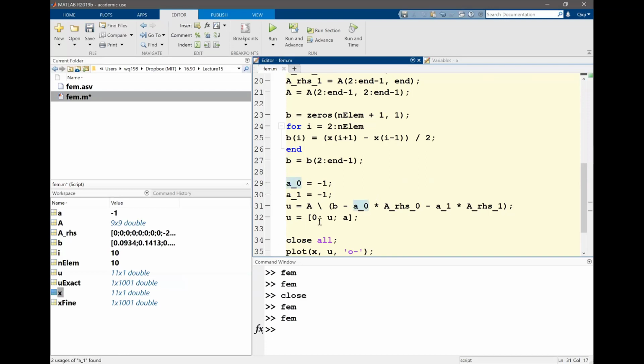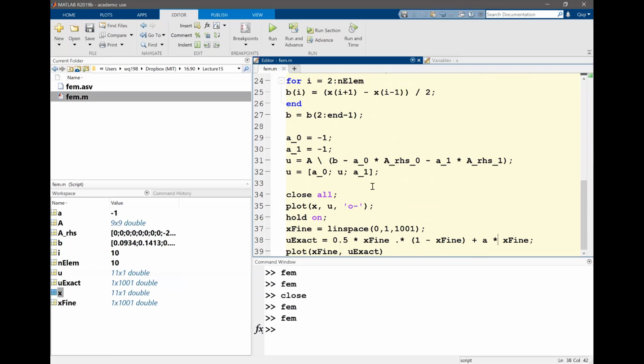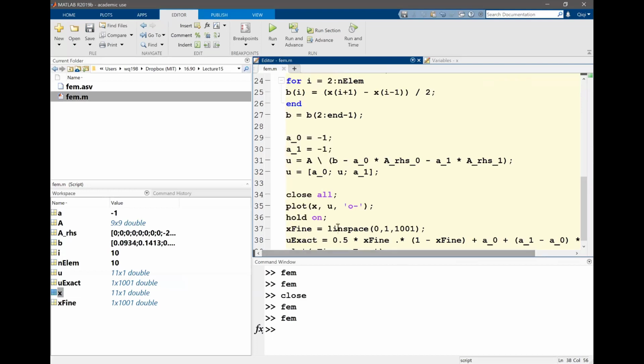Okay, and here when we have our analytical solution, we need our boundary conditions a0 and a1. Our analytical solution, I think we need to have a0 on the left-hand side and plus a1 minus a0, right? That's going to be my linear function to add to the analytical solution.